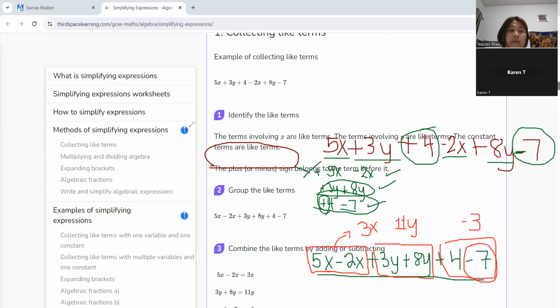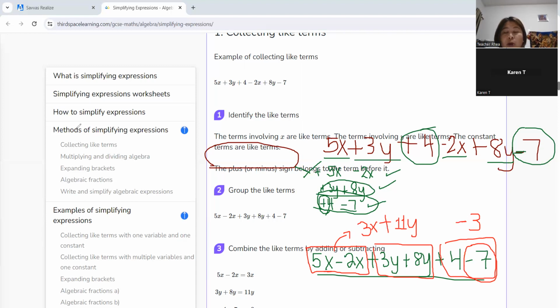So you're going to make it into an algebraic expression. This is positive 3x plus 11y, because 11y is positive, then minus 3, because this is negative 3. So 3x plus 11y minus 3.